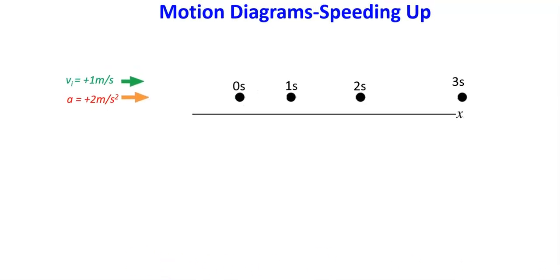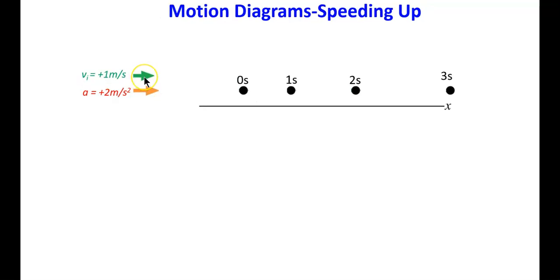So suppose you had an initial velocity vector pointed to the right, and that the size of that was positive 1 meter per second to the right. And suppose you had an acceleration vector that was positive 2 meters per second for every 1 second. Well, your velocity vector is going to look like this. So let's try this. Here we go.